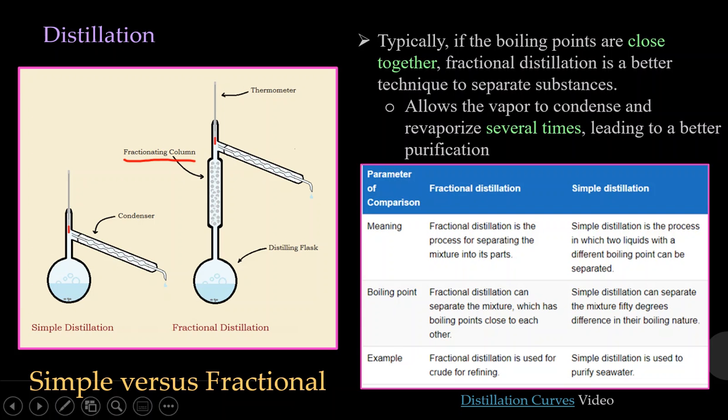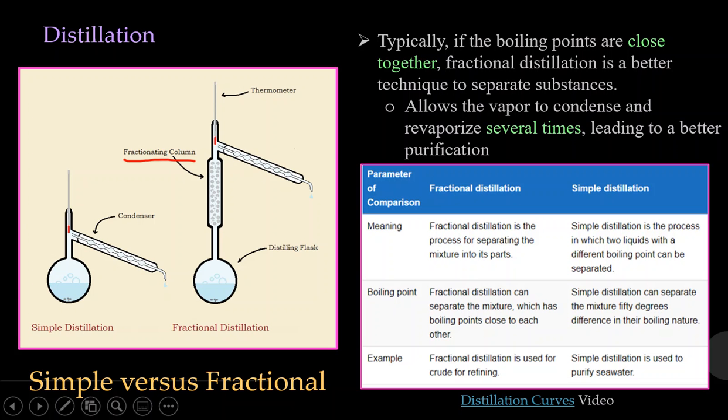So I put this chart in here to give you the distinguishing factors between fractional and simple. Fractional is the process for separating the mixture into its parts. Simple is where two liquids with different boiling points are separated. Fractional distillation separates mixtures whose boiling points are close to each other.